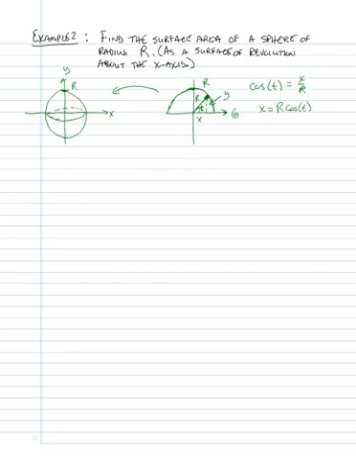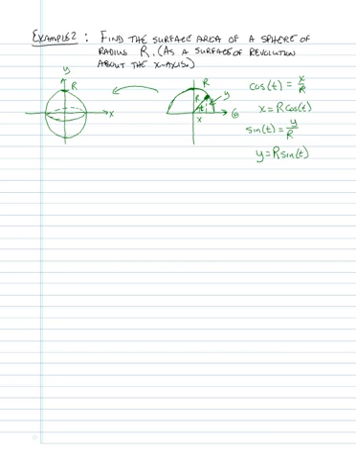In a similar way, the sine of t would be opposite over hypotenuse, and so that would be y over capital R. We could solve for y, and we'd get y is equal to capital R times sine of t.